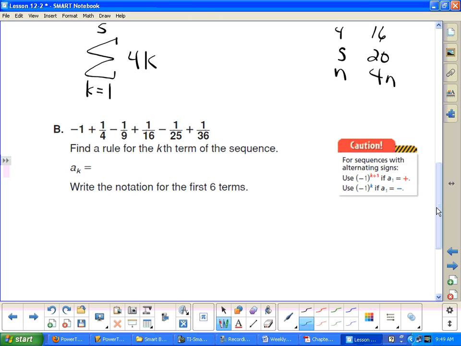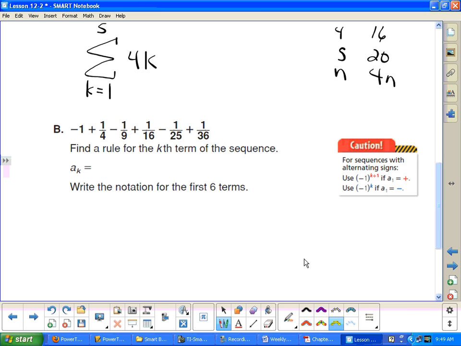Now, here's one that alternates numbers, the signs. We have -1, +1/4, -1/9, +1/16, -1/25, and +1/36. So they actually give us a little caution over here.